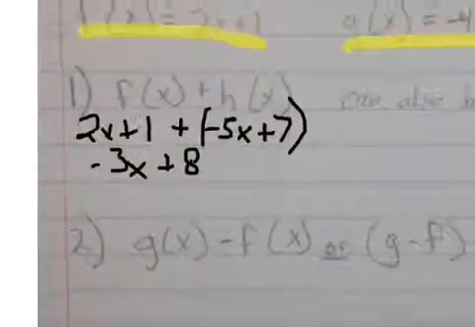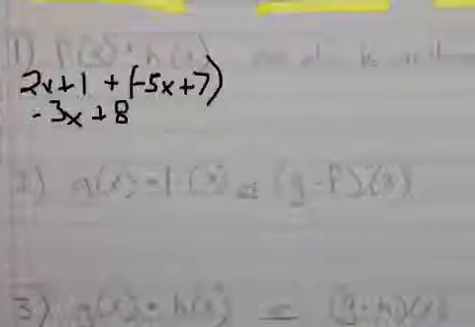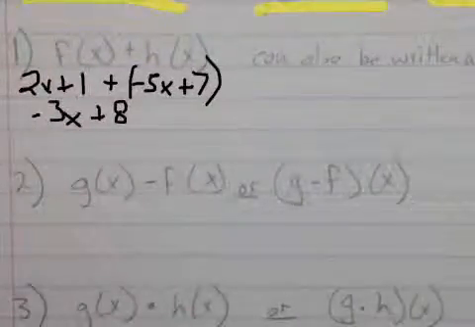All right. So number 2, I'll give you both ways again. So it's g of x minus f of x, or the function g minus the function f in terms of x. All right, and this other method, that second way that it's written, will come in handy when we go over some more stuff later in the week, okay?